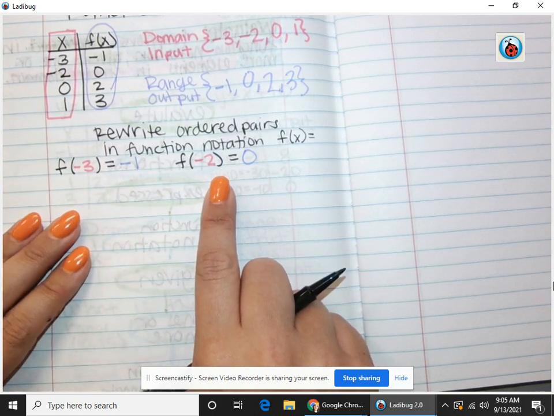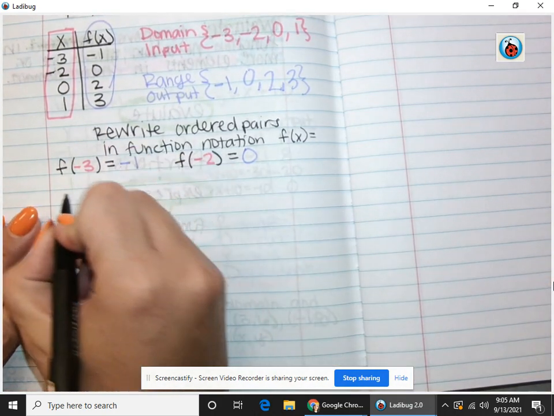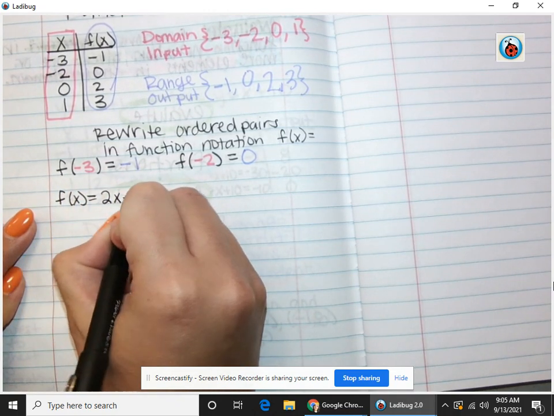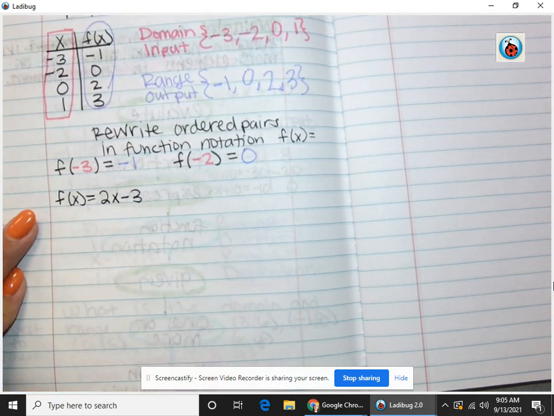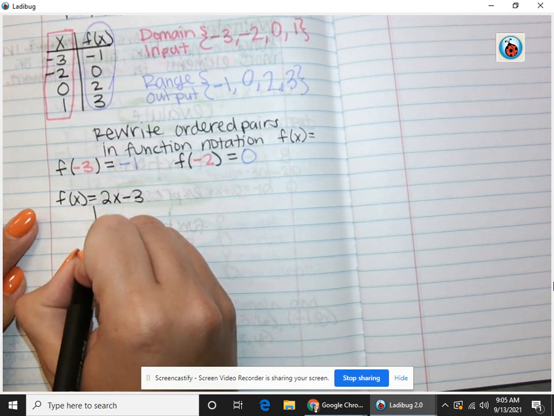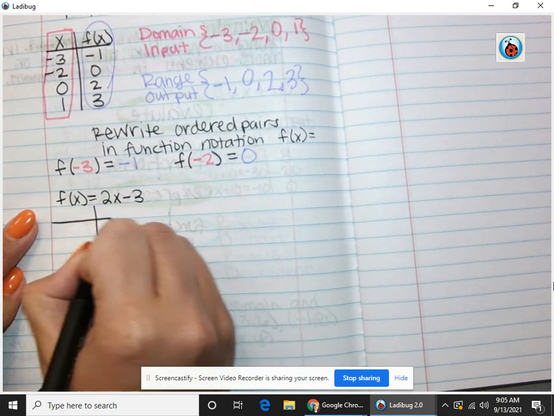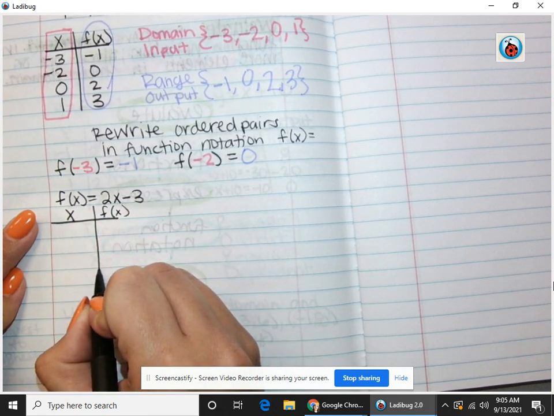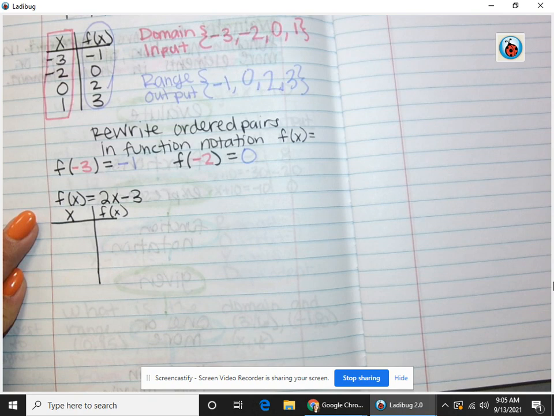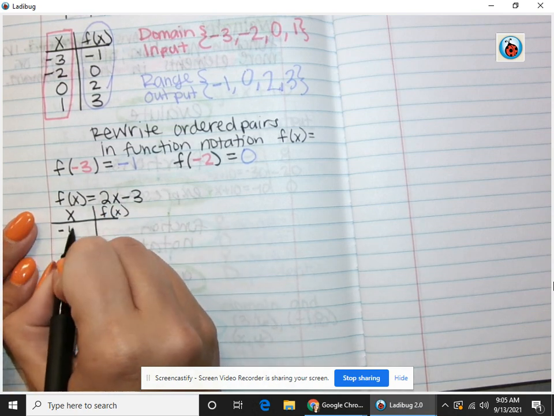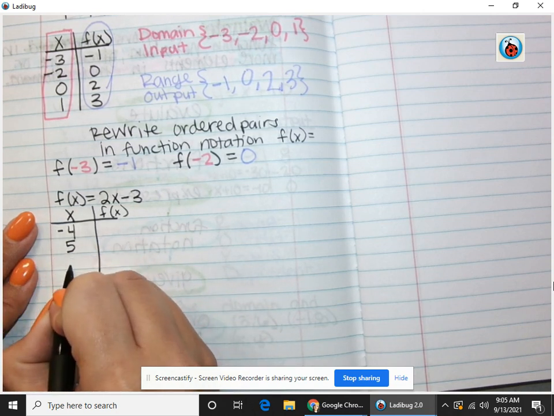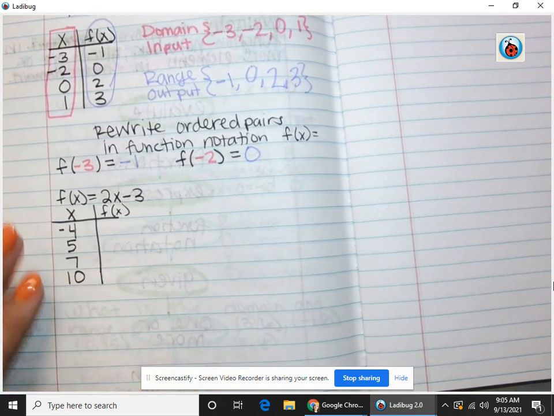Okay. If I'm given, say, f of x equals 2x minus 3, and I want to find the value of when x is -4, 5, 7, and 10.